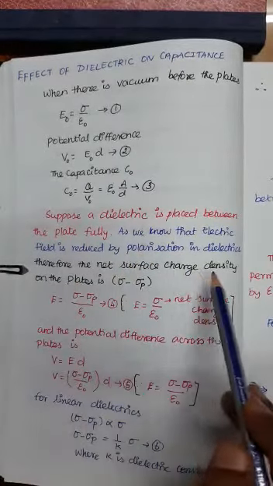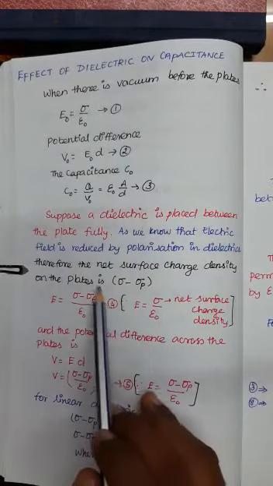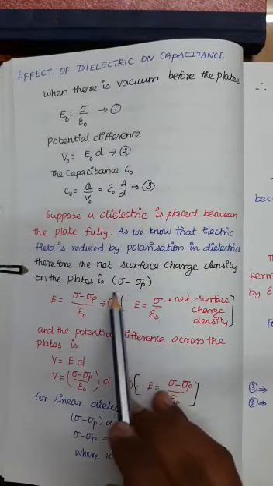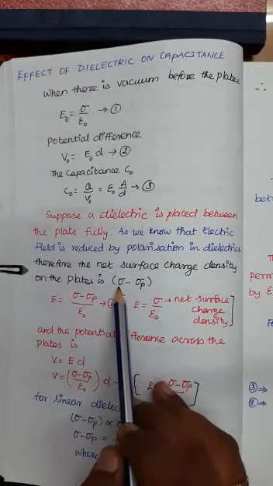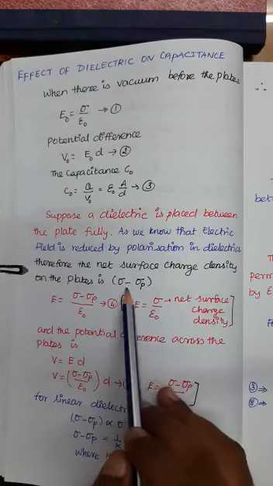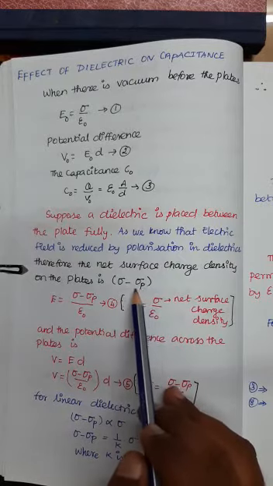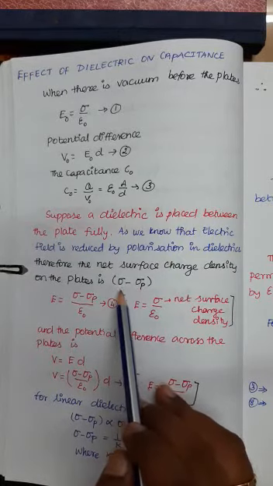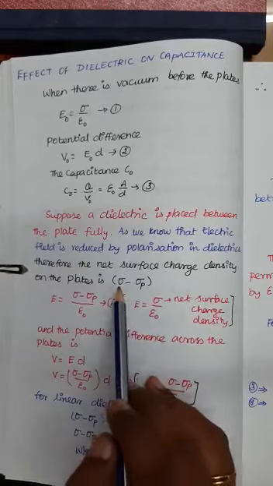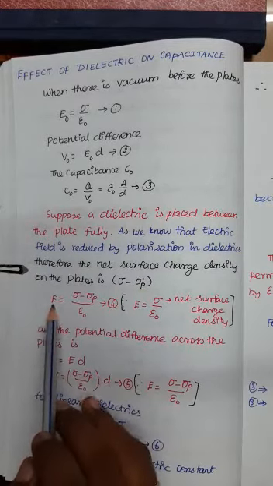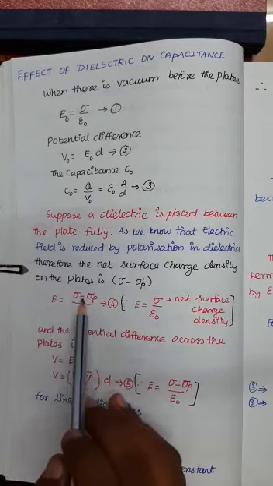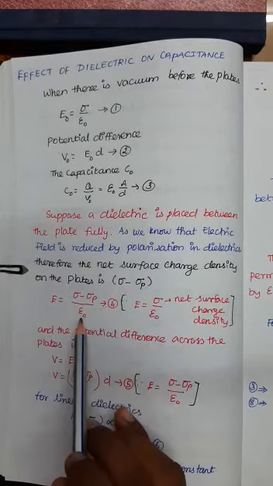Therefore, the net surface charge density on the plates is sigma minus sigma p. As we know from the previous section, the total electric field was written as E minus EP. Similarly, we can write the total net surface charge as sigma minus sigma p. So we can write the electric field E is equal to sigma minus sigma p divided by epsilon naught.